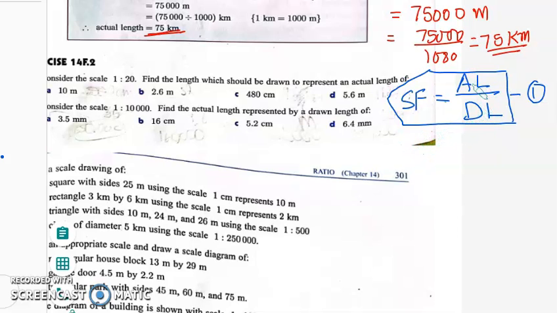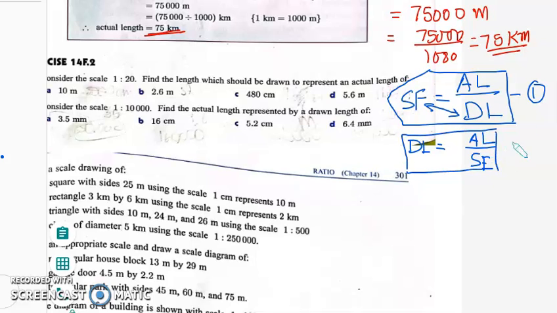Like if you are required to find actual length, which always means length on the ground, then you have to multiply these two values, that is scale factor and drawn length. If you have to find drawn length, then bring drawn length here and scale factor to this position. So actual length by scale factor. This can be derived. You just need to remember only one formula.